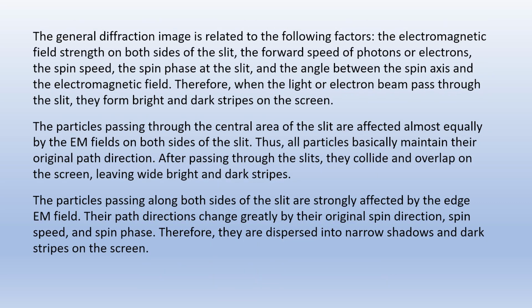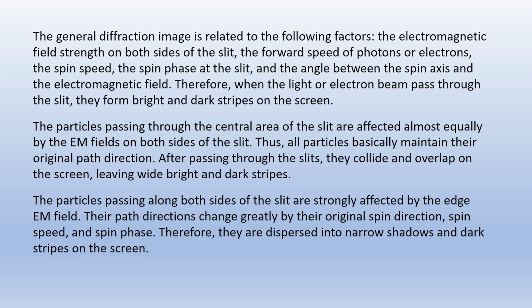The general diffraction image is related to the following factors: the electromagnetic field strength on both sides of the slit, the forward speed of photons or electrons, the spin speed, the spin phase at the slit, and the angle between the spin axis and the electromagnetic field. Therefore, when the light or electron beam passes through the slit, they form bright and dark stripes on the screen.